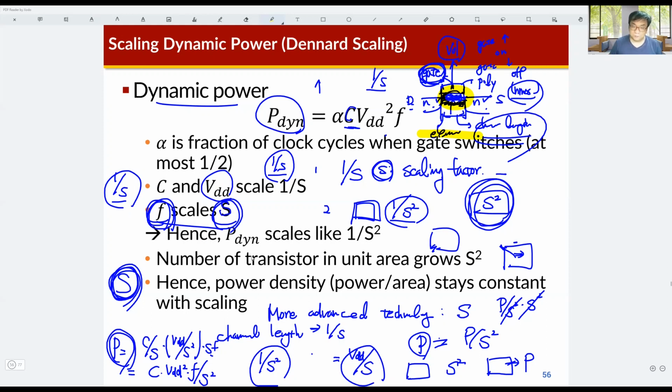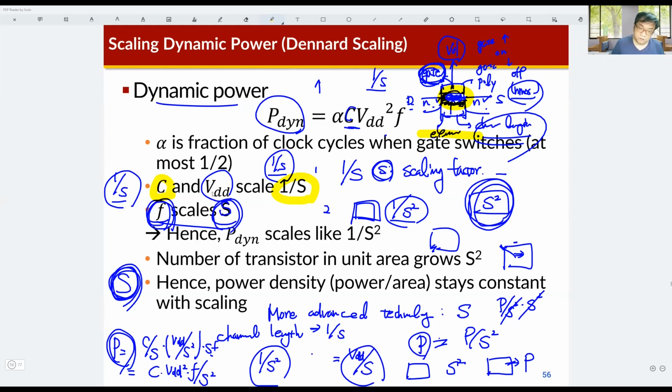I mentioned that S is the scaling factor. That means the channel width of the CMOS transistor is reduced by 1/S. If we scale down the transistor by S, then we can also reduce the capacitance C, because the area of the transistor channel decides the capacitance of the transistor device.